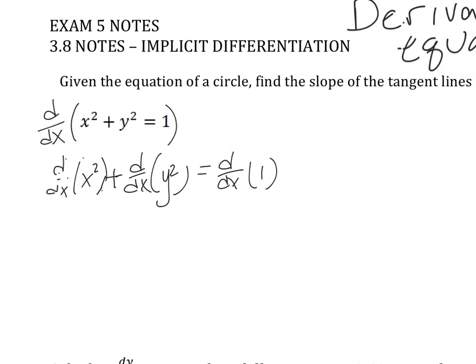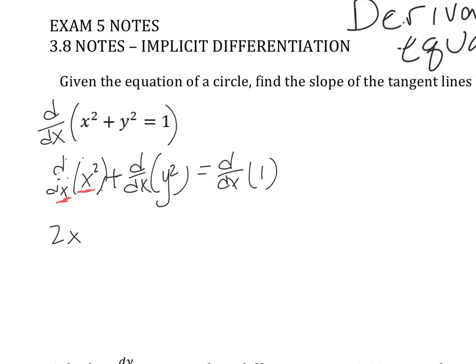What I mentioned in the previous video was that if we're taking the derivative with respect to x of a term that contains an x, we're just going to take the normal derivative. So I'm just going to get 2x here.